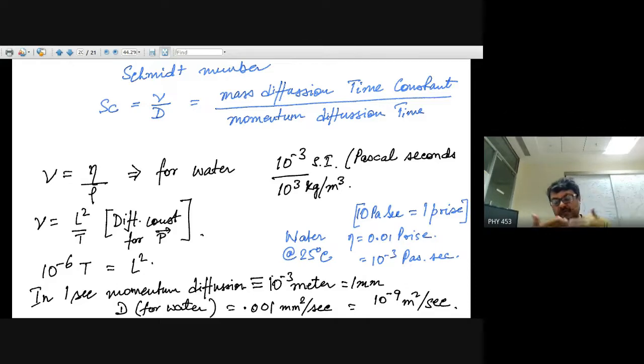There's a lot of free space between the air molecules. So fast moving molecules transport momentum because they have momentum by moving from one place to the other, and thus there is a transport of momentum. The rate of transfer is characterized by viscosity, kinematic viscosity actually, eta by rho.